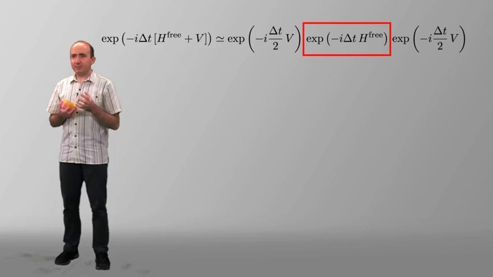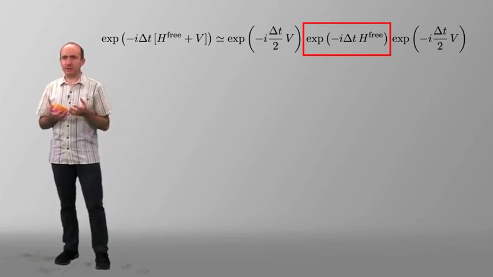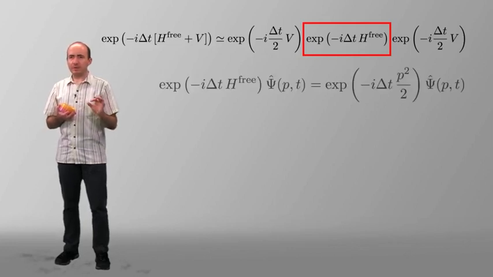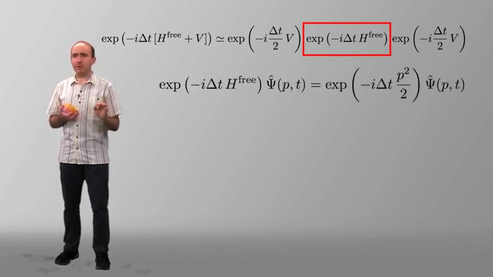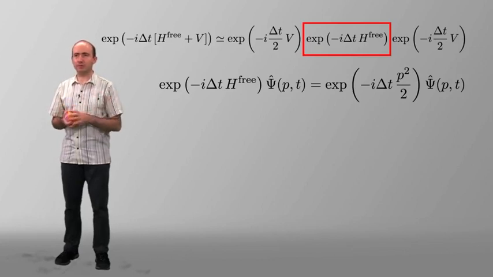You will easily convince yourself, for instance by reading the short fact sheet associated to this tutorial 5, that the action of the free operator consists in a multiplication by a factor e to the power minus i over 2 times p squared. So, the action of this operator is just the multiplication by a Gaussian factor.